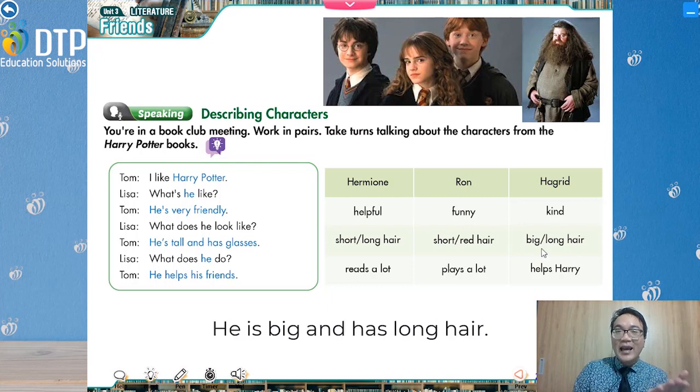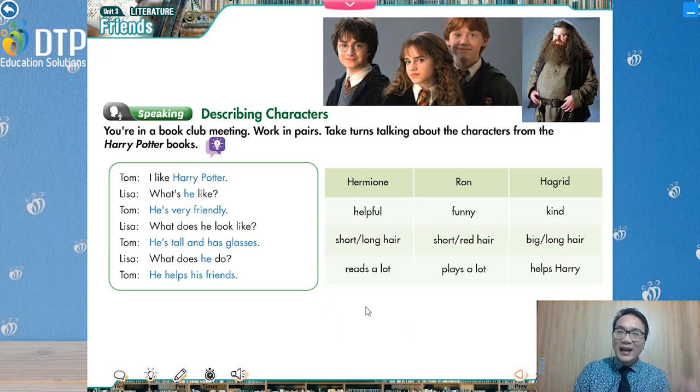He is big and has long hair. And the last sentence, what does Hermione do? She reads a lot, right? What does Ron do? He plays a lot. And what does Hagrid do? He helps Harry a lot, right?